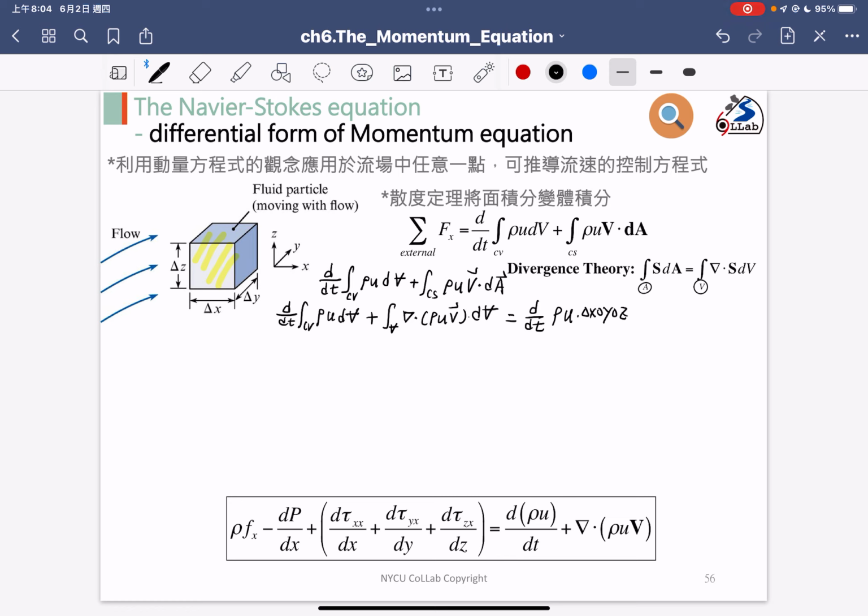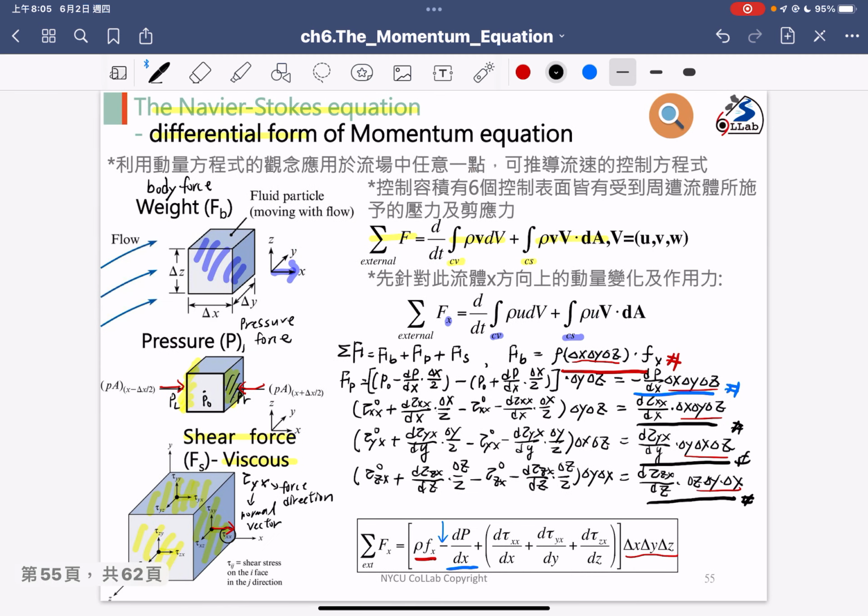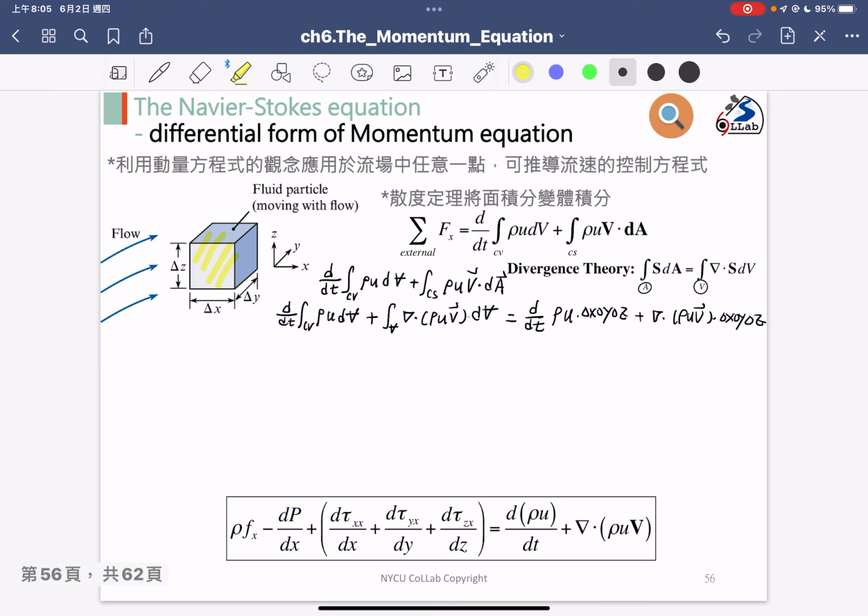This is the dV, plus the divergence of the ρuV vector multiplied by Δx, Δy, and Δz. So we compare with the previous slide, both equations have the Δx, Δy, Δz here, and here we also have the Δx, Δy, Δz.